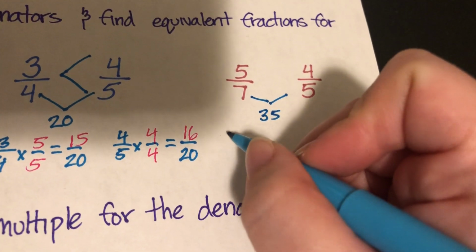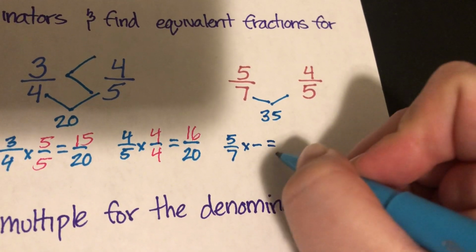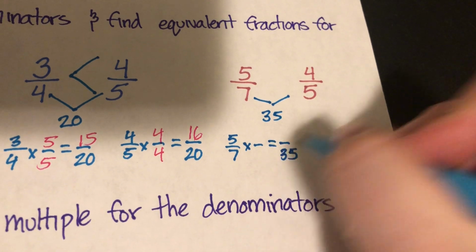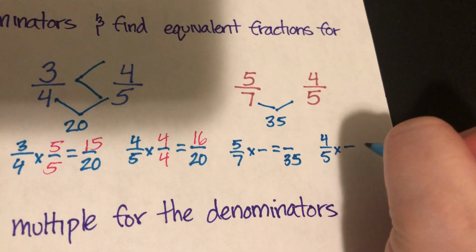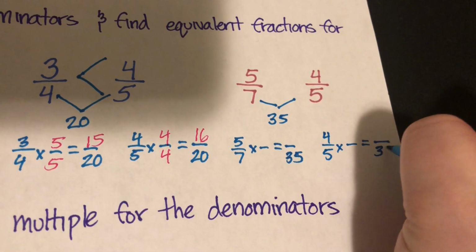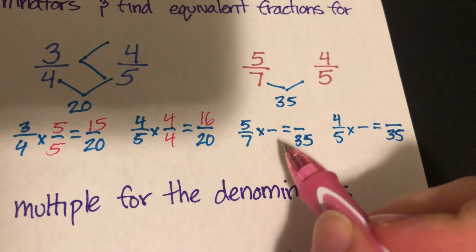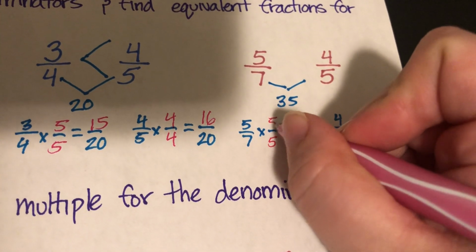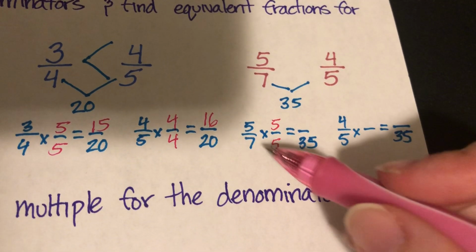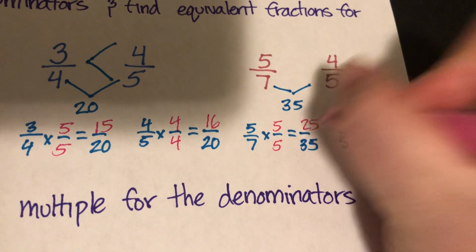Okay, so 5/7 times something to give us a fraction with 35 on the bottom, and 4/5 times a fraction to give us something with a 35 on the bottom. Okay, so 7 times what will give me 35? That would be 5. So our fraction of 1 is 5/5. 7 times 5 is 35. 5 times 5 is 25.